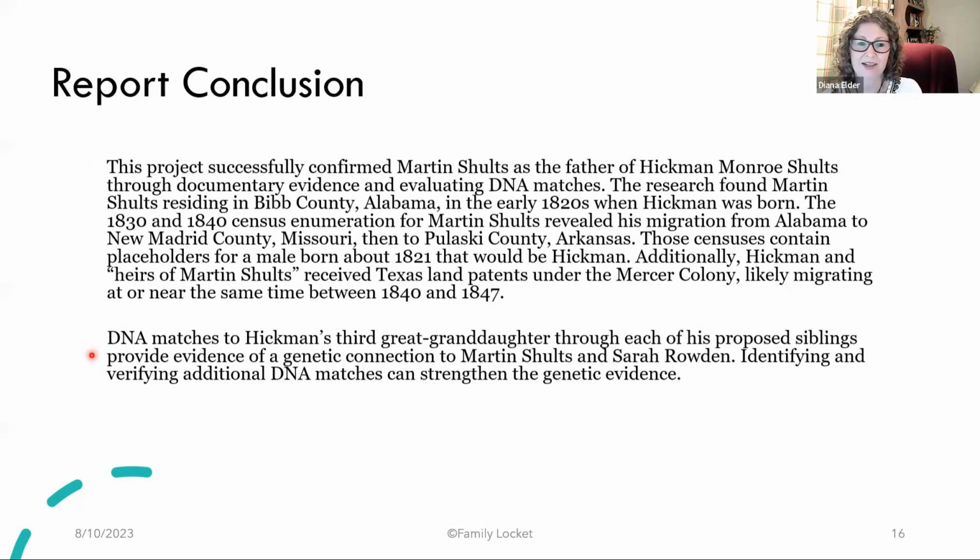So DNA matches to Hickman's third great-granddaughter through each of his proposed siblings provide evidence of a genetic connection to Martin Shults and Sarah Rowden. Identifying and verifying additional DNA matches can strengthen the genetic evidence. So I feel like this is pretty well proven, but I would want to do some more.